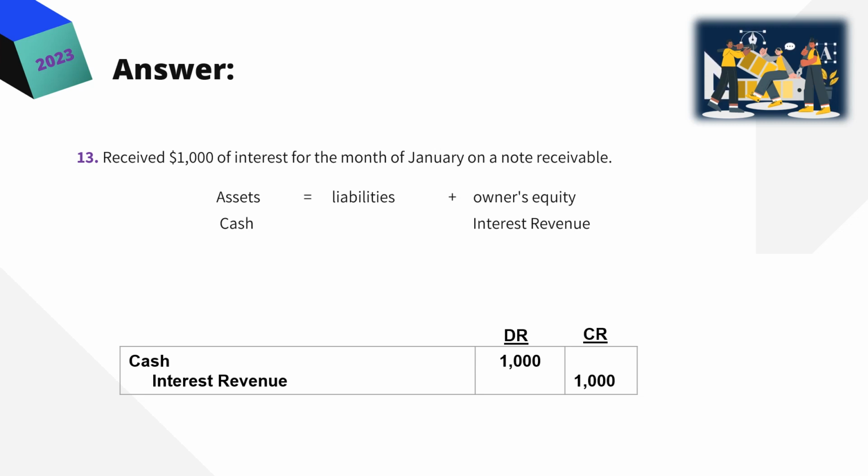So I guess effectively we have rendered a service and received some fee or payment in exchange. The amount of that fee or payment is referred to as revenue. We'll call it interest or investment revenue. And since revenues are increased on the right, we will credit interest revenue. The journal entry is to debit cash and credit interest revenue.